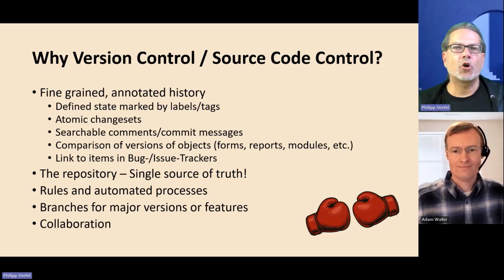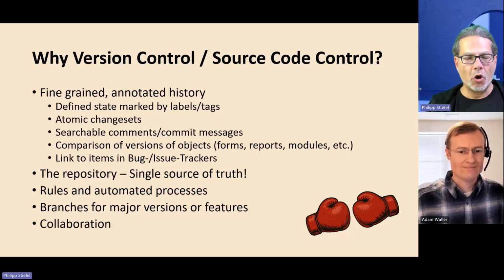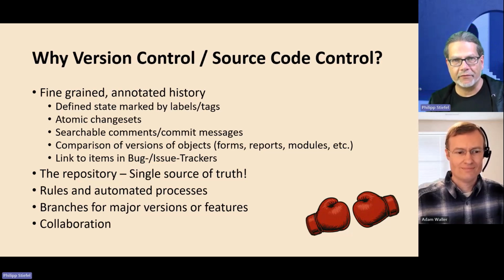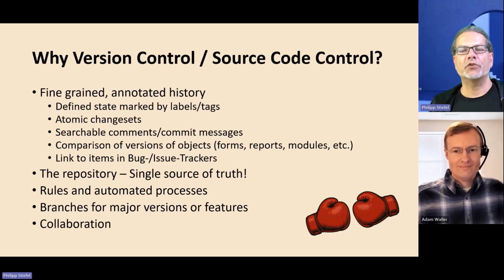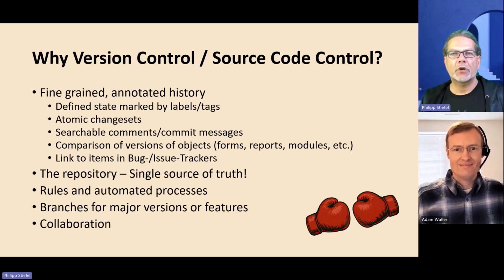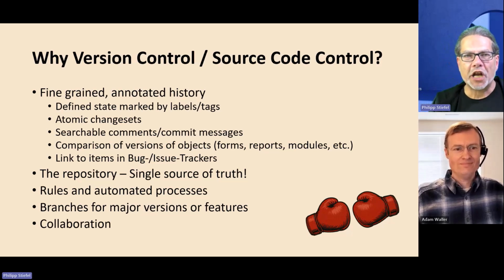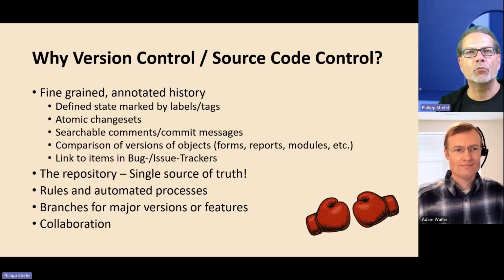You can easily compare different versions of the very same object, to exactly see what changed from version to version. You can also link change sets to items in bug trackers or issue databases to provide even more context and information for one specific change.